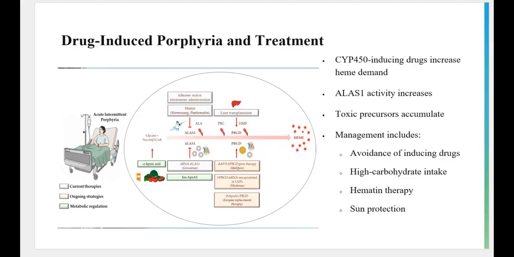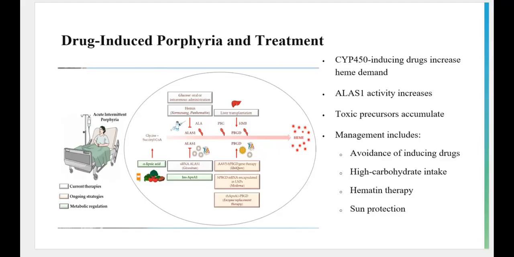Some drugs can cause porphyria, and some drugs induce cytochrome P450, which increases hepatic heme demand. This can cause excess accumulation of precursors ALA, delta-aminolevulinic acid, and PBG, which are toxic.